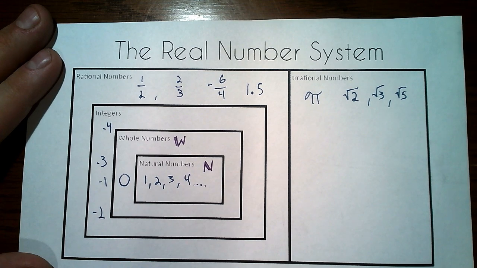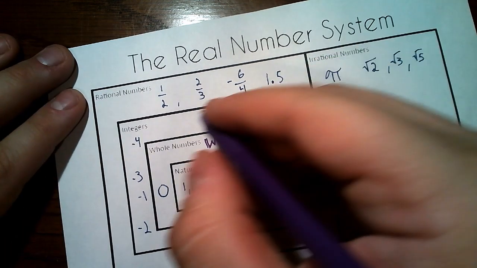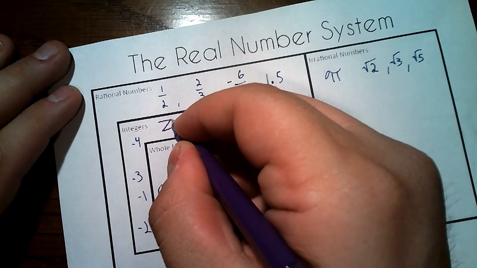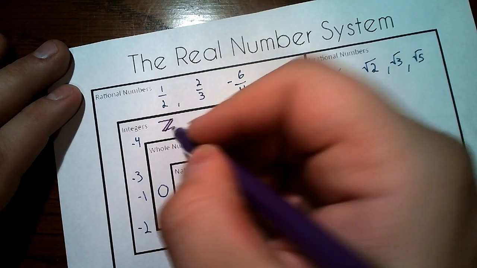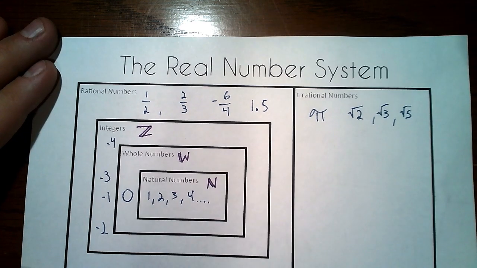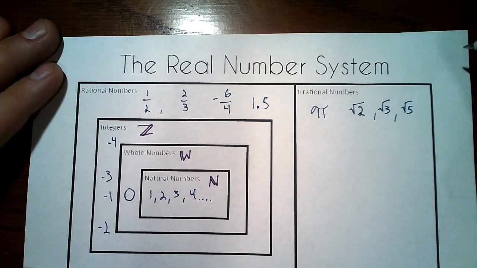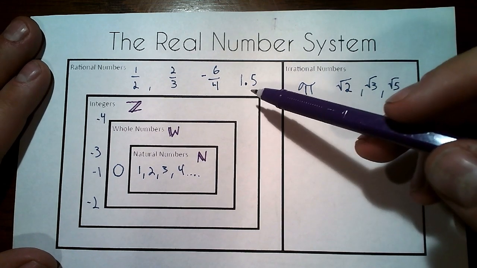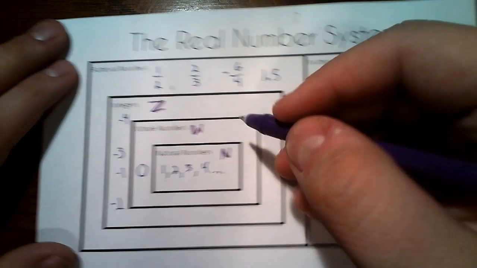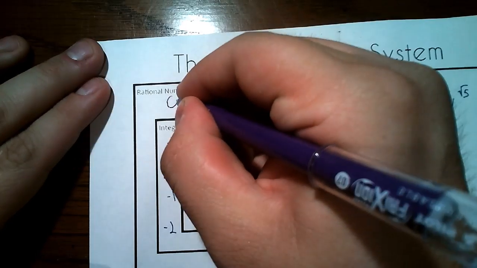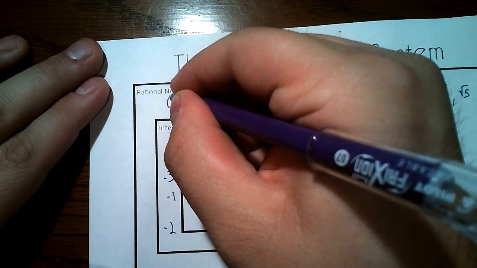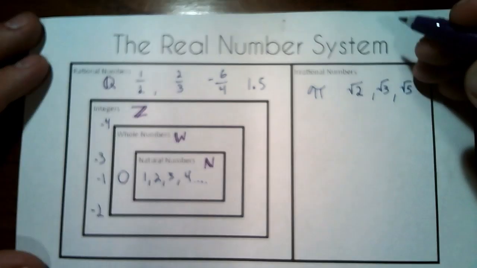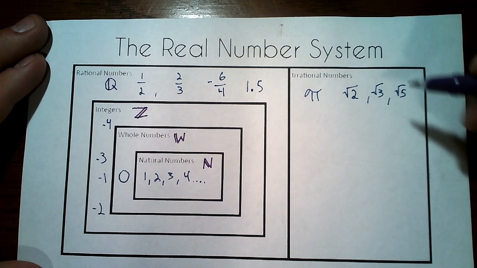Integers are represented with a Z that has a line through the middle. The rational numbers are represented with a Q that has a line right there.